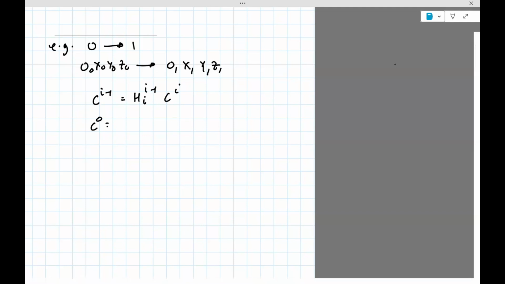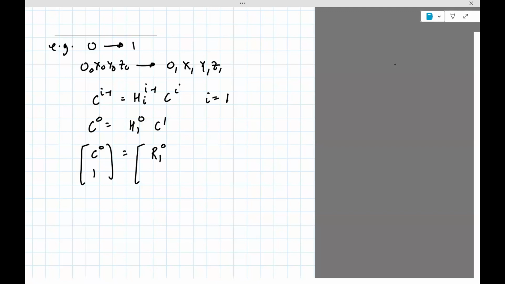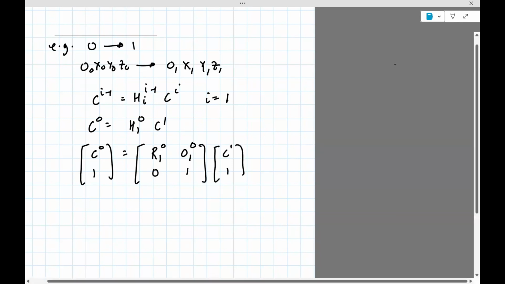So this will be C0 equals H_1^0 C1, with i equals 1. The uppercase C is the lowercase c and 1, as I wrote earlier. So we have R_1^0, O_1^0, and then 0, which is basically 1 cross 3 but I'll just write it as 0, and 1, and then c1, 1.